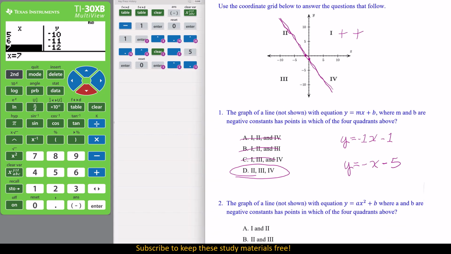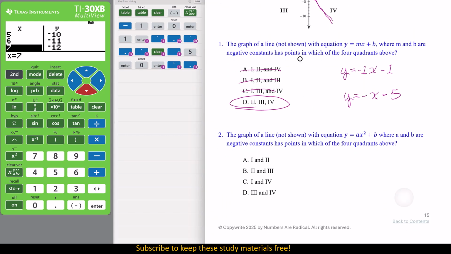Okay, let's look at number 2. Okay, the graph of a line not shown. So they're giving us the same kind of problem with equation y equals ax squared plus b, where a and b are negative constants, has points in which of the four quadrants above.